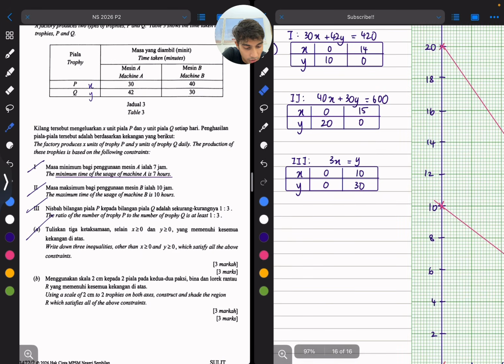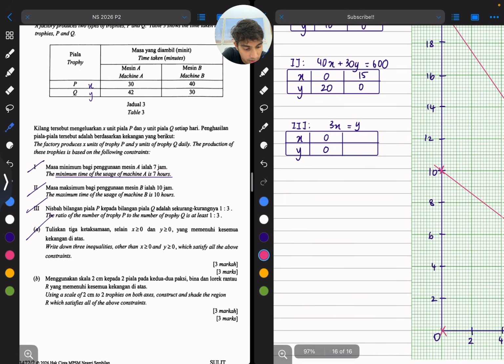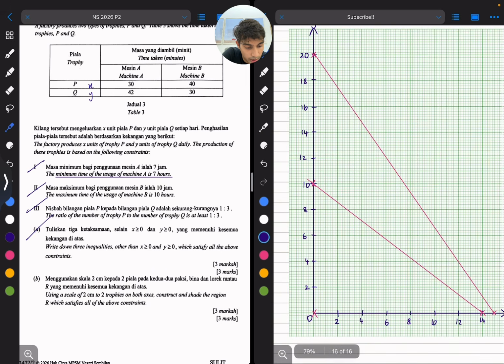So let's reduce it. Let's take x as 6. If x is 6, y will be 18. So x 6, y 18 is somewhere here.